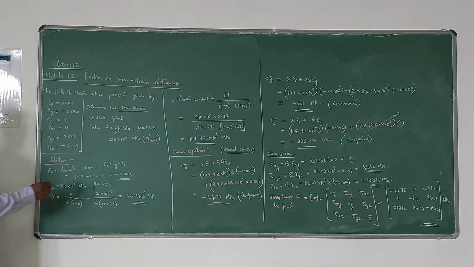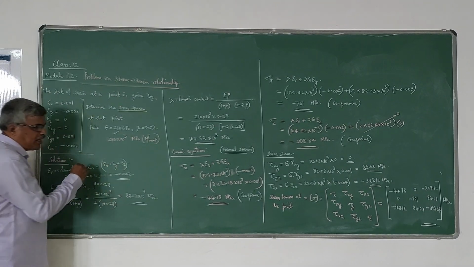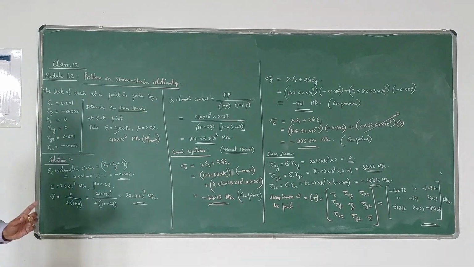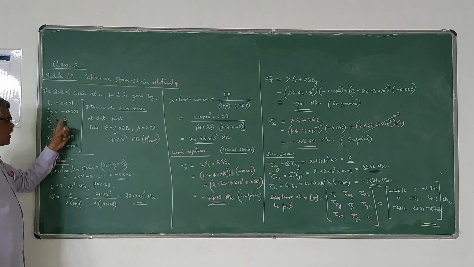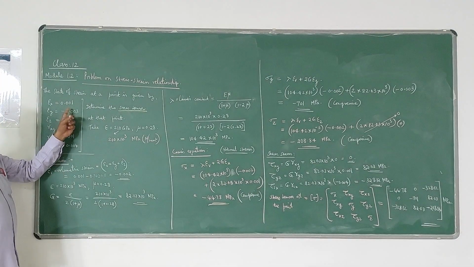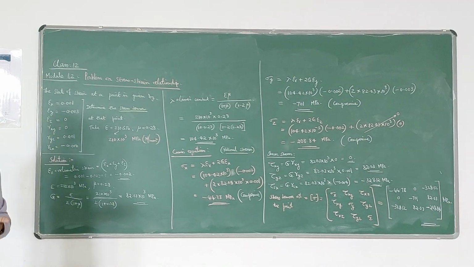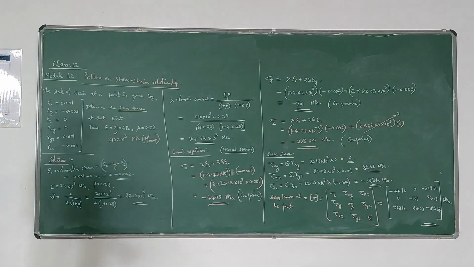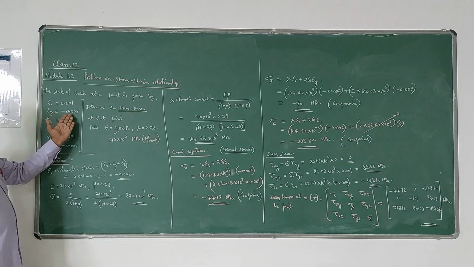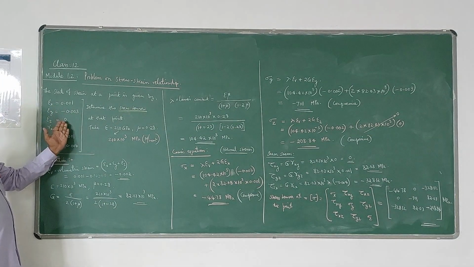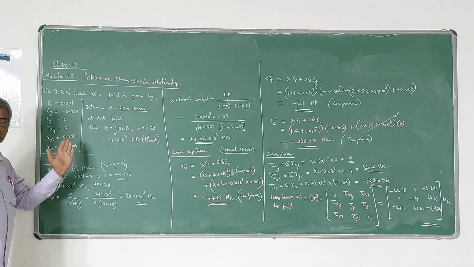First we will find out the volumetric strain epsilon V, which is given by epsilon x plus epsilon y plus epsilon z. Here also the positive values represent tensile strains, negative values represent compressive strains. That means there is increase in length in x direction, decrease in length in y direction, and neither increase nor decrease in z direction.